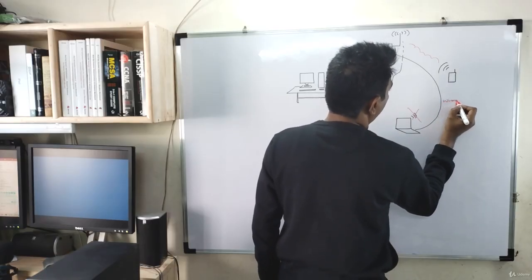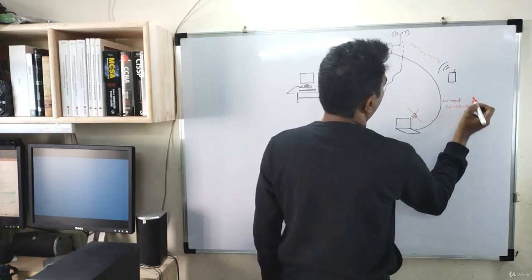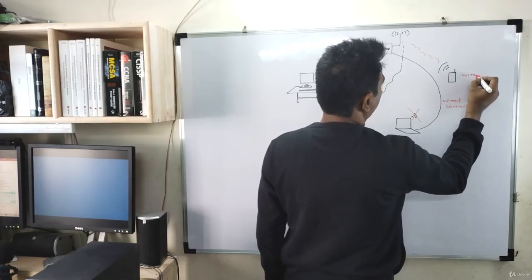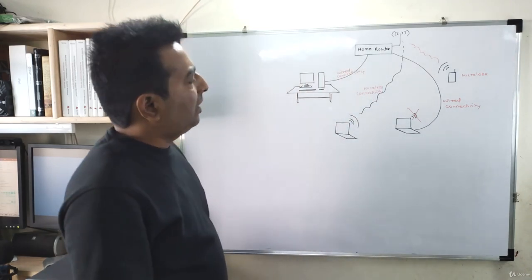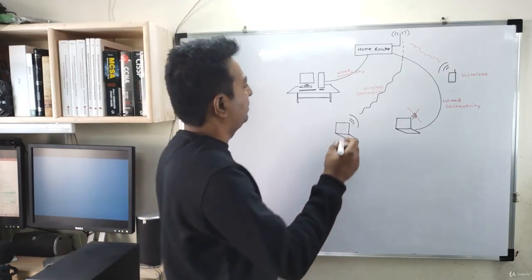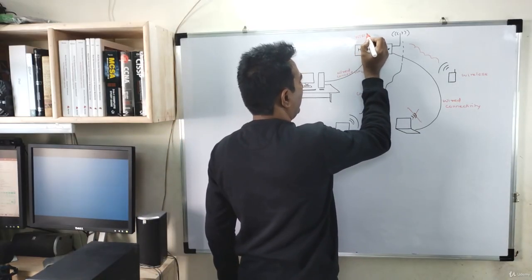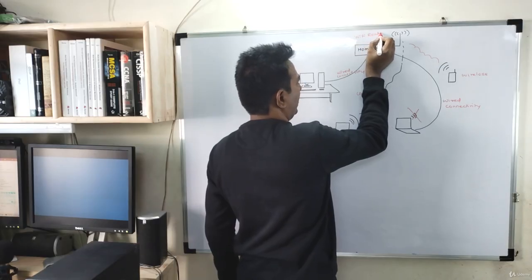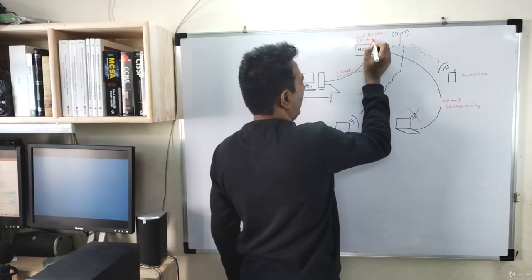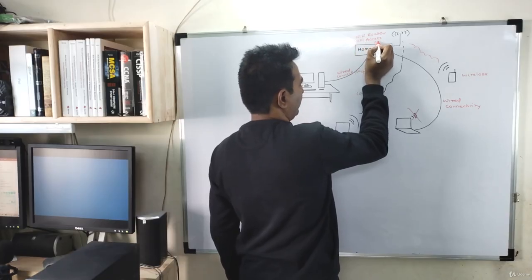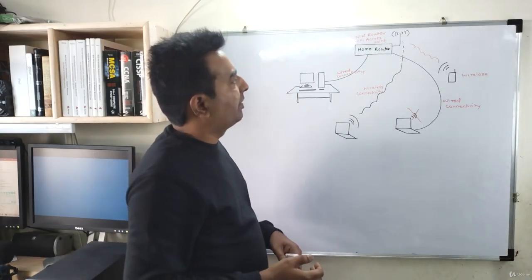Again, this is wired connectivity, and for my mobile, this again becomes wireless. Now, the home router, some people also call it a Wi-Fi router, and some call it a Wi-Fi access point.